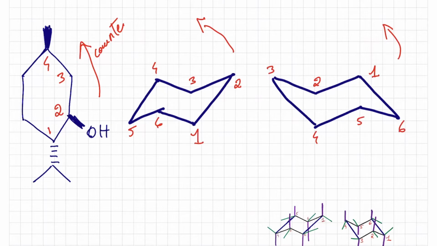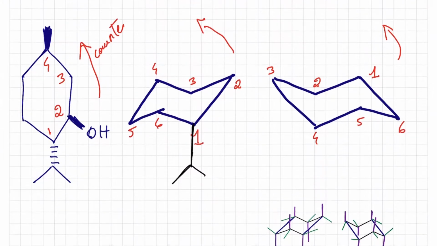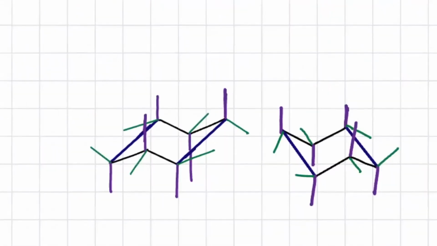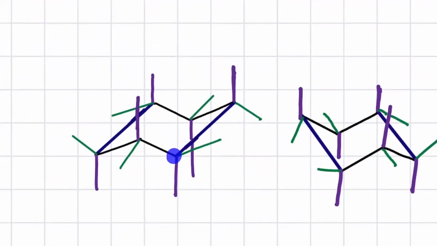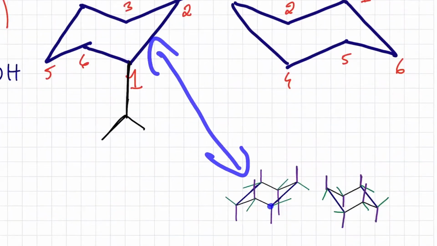And now let's add our substituents. First, I'm noticing that at carbon 1, the substituent, which is this group here, is pointing down, right? So I already know that down is axial whenever my carbon is at this position around here. So if you're not sure, you can have your schematic on the side. And I'm interested in this first version of the structure.